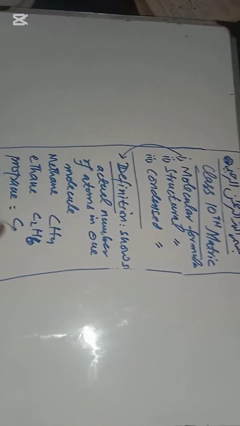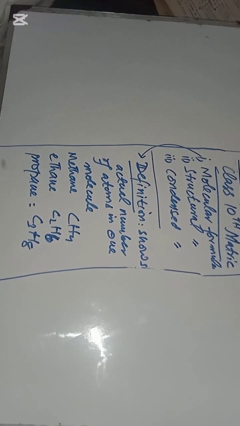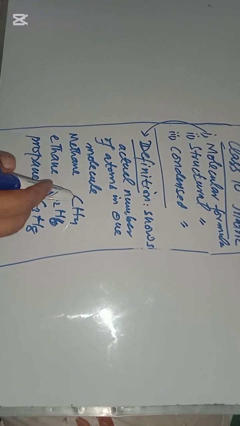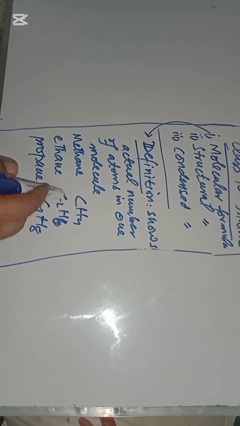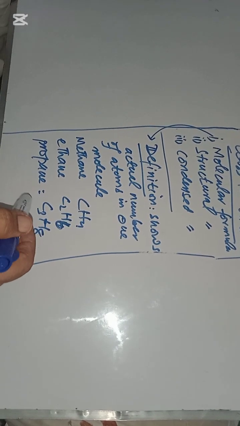Clear? Similarly, that of propane is C3H8. Clear? So over here it clearly shows the actual number of carbon and hydrogen atoms in each hydrocarbon.